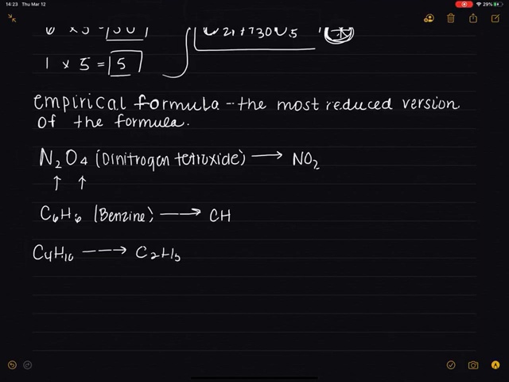We have no way to get all the way to the molecular formula, to know whether this is the whole formula or if there's some multiplier. Maybe this is W2Cl12. Maybe this is C42H60O10 kind of thing. If we want to know that we're dealing with the molecular formula as opposed to the empirical formula, we need a little bit more.